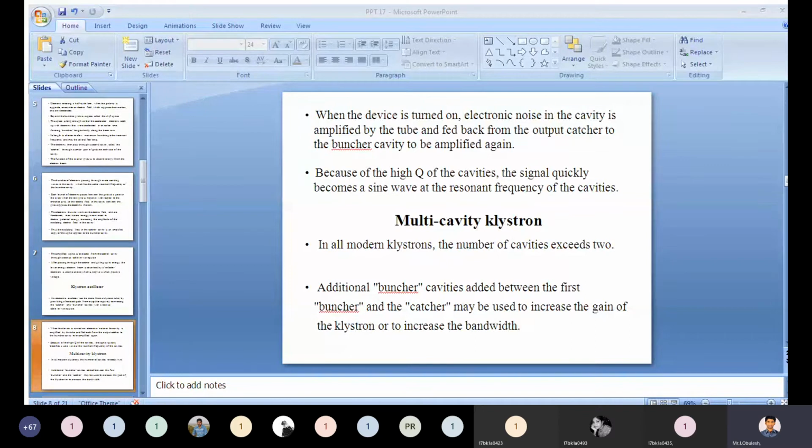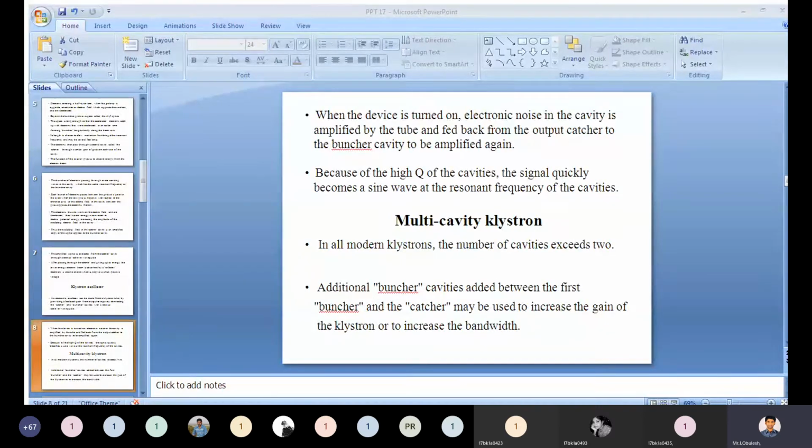And the multi-stage depressed collectors enhance the energy recovery by sorting the electrons in energy bins.